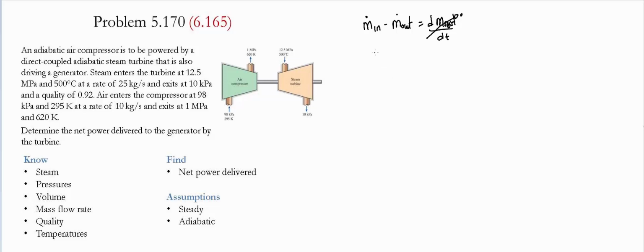Therefore, the mass flow rate going in is equal to the mass flow rate leaving each one of the components. Now, if we do the same process for the energy, the rate of energy going in minus the rate of energy leaving is equal to the change of the energy in the system. Once again, this is steady. Therefore, the rate of energy going in is equal to the rate of energy leaving the system. And now we have to write it for each one of the components.